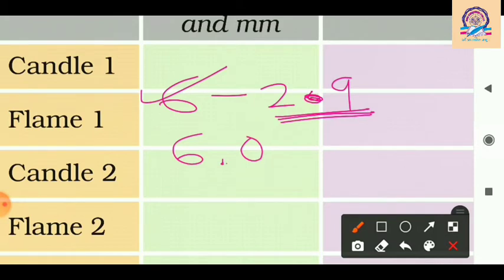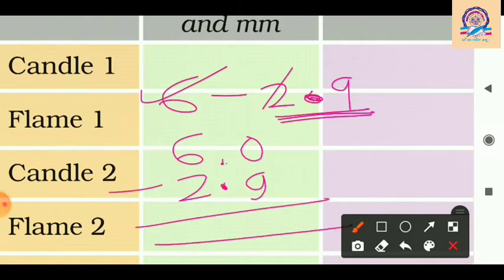First we have to line up all these numbers, so the decimal points will be in the same column. 2 is in the ones place, so write 2 here, and 9 is in the tenths place, so write it at the bottom side of 0. Now subtract it.